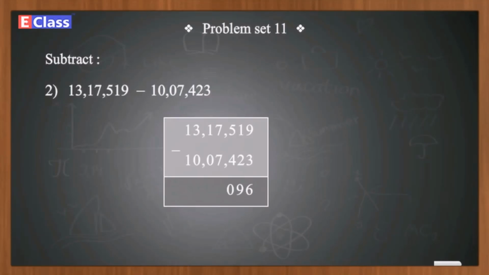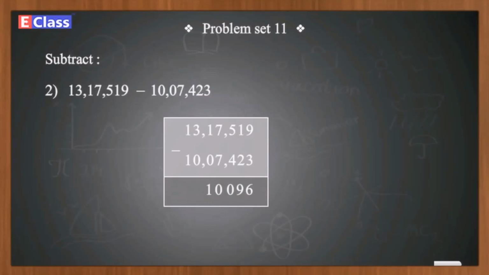Now we have to subtract 7 thousands from 7 thousands. We shall get 0,000 as remainder. We subtract 0 ten thousands from 1 ten thousand. We shall get 1 ten thousand as remainder.